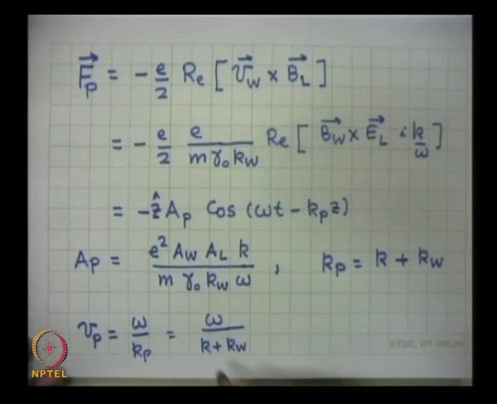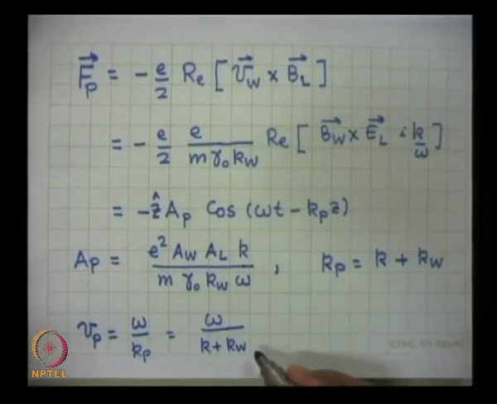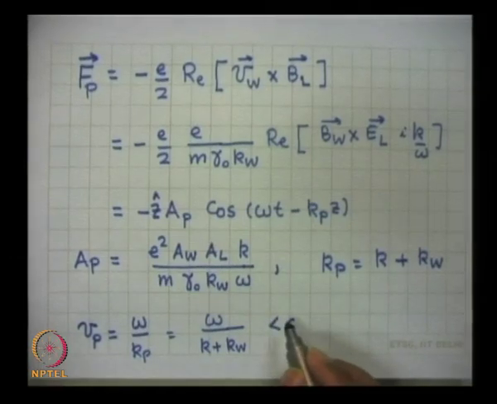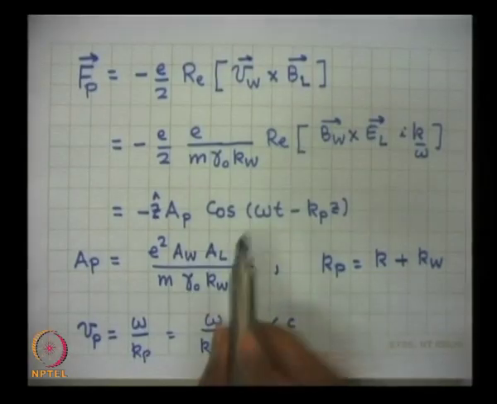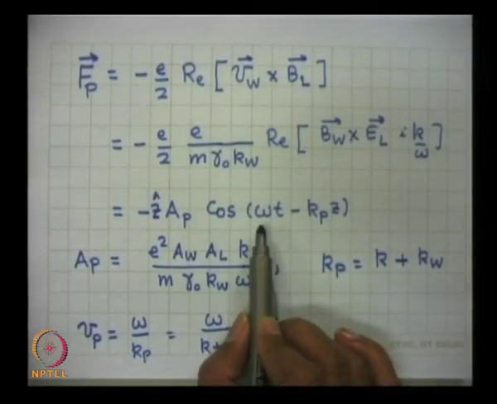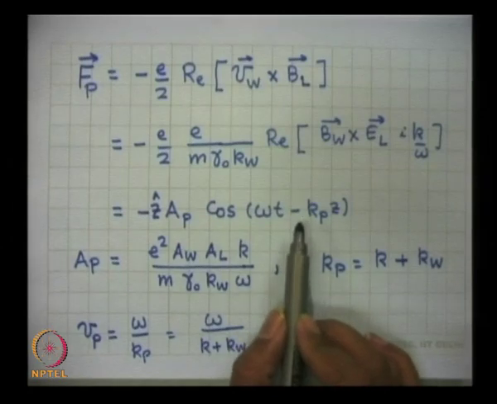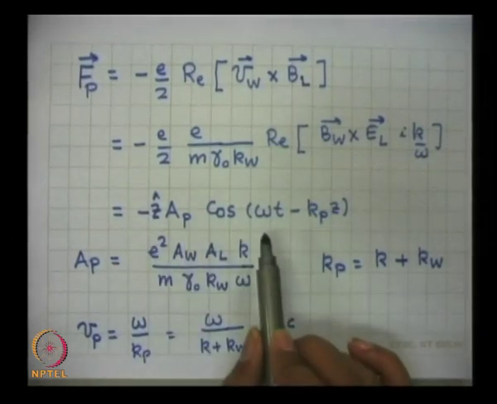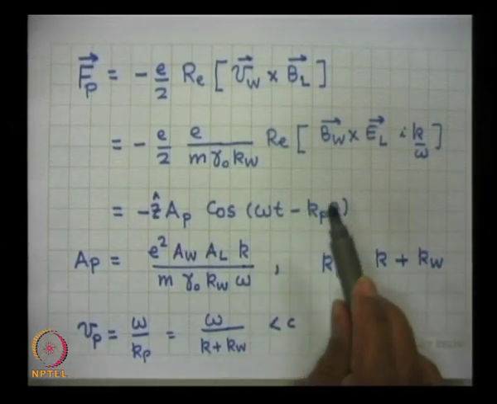Since omega by k is c, this quantity is less than c. This may be just smaller than c, but certainly it is less than c, and hence it is possible for the particles to respond to this force resonantly, and that is the beauty of free electron laser, that this force can resonantly interact with the particles.